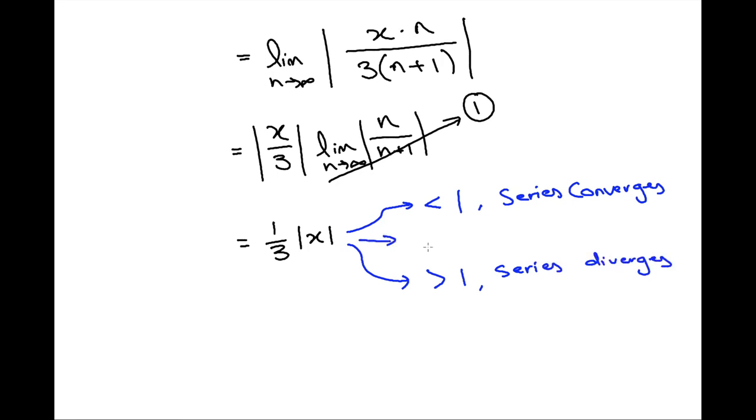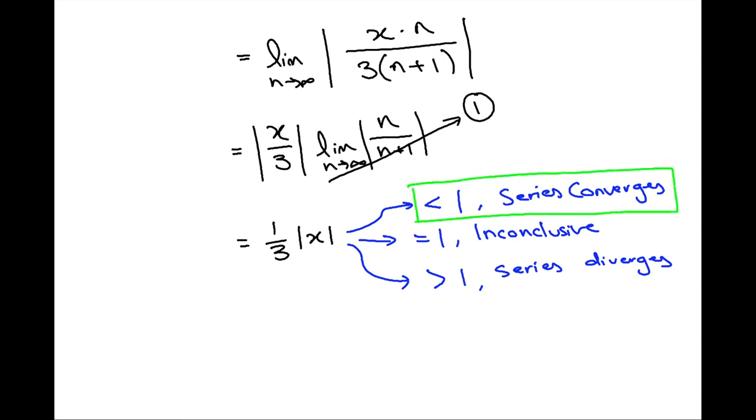If this entire quantity is equal to 1, then we are inconclusive, because the ratio test is inconclusive when the limit comes out to 1. Okay? So we want this first case to be true. We want to find only where this first case is really happening.